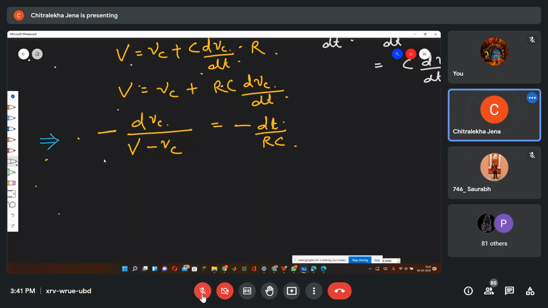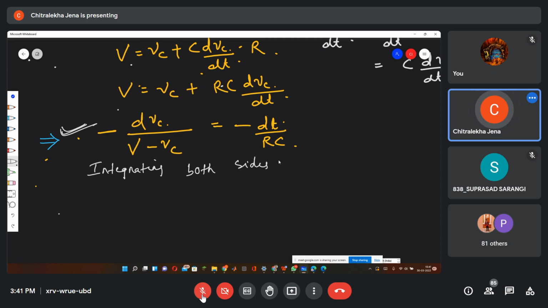Okay, very good. So now I will integrate. Integrating both sides. Do the integration quickly. Integrating both sides, find out what is the answer.